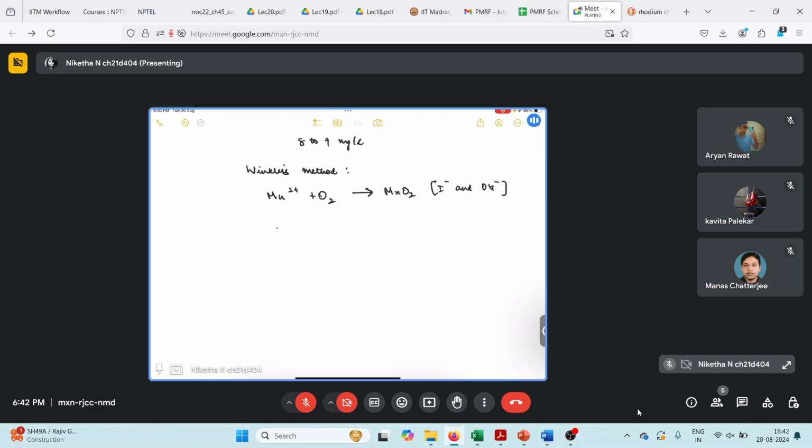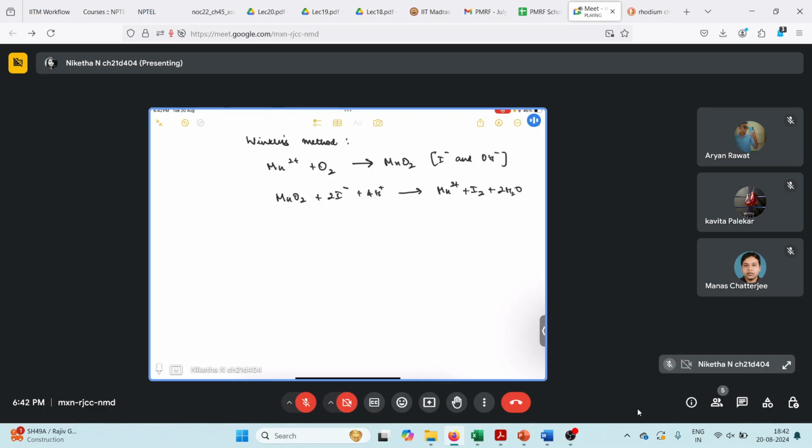After converting to MnO2, this MnO2 will react with iodide ions in the presence of an acid, so that's why we have the H+ ions. This will give Mn2+ salt plus iodine and 2H2O. Then we will determine the concentration of this iodine using titration.